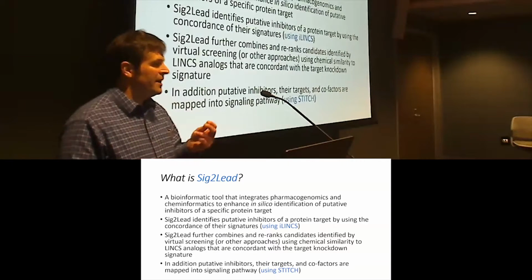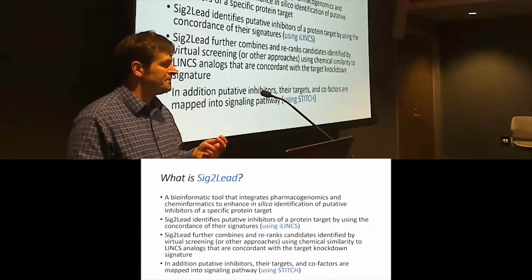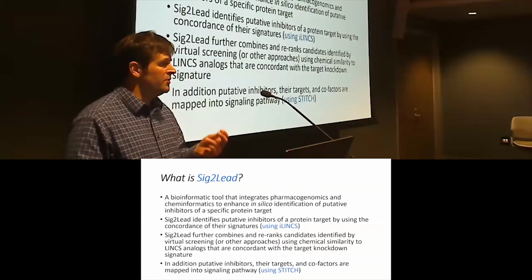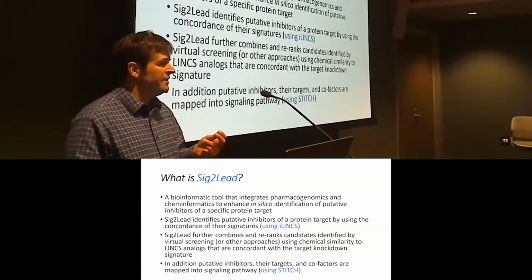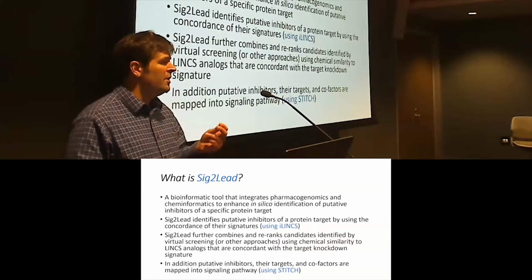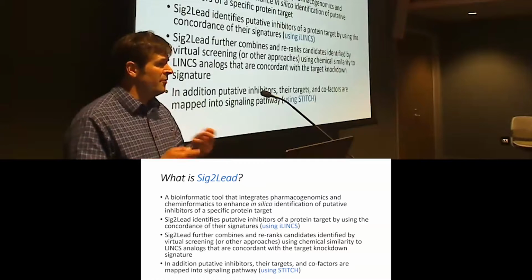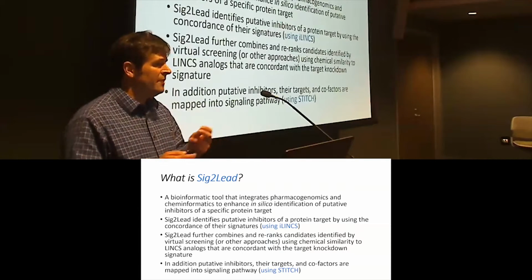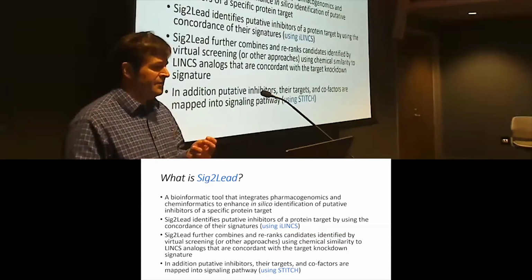Because if you're knocking out a gene, you're affecting a pathway. And if you treat with a small molecule that's concordant with that, then you understand that that small molecule is probably interacting somewhere in that pathway. You don't necessarily know the exact target. It might not be a direct interaction, but you know that in some way they're influencing the same effect.